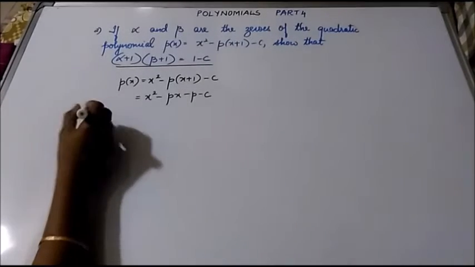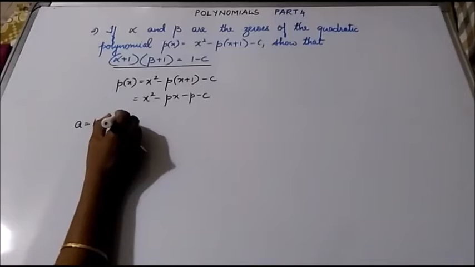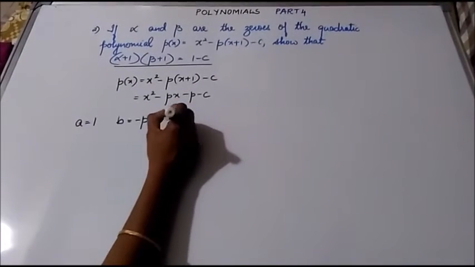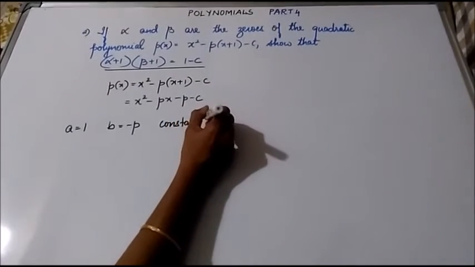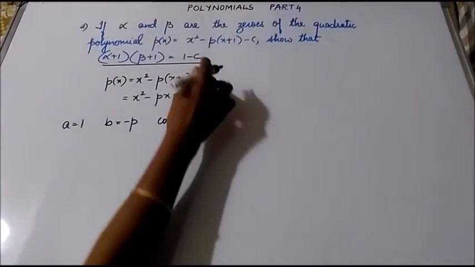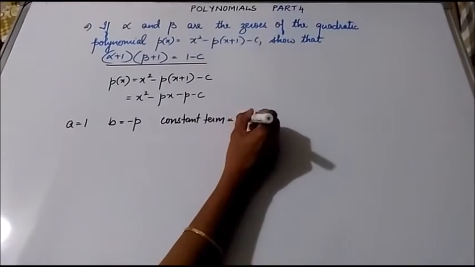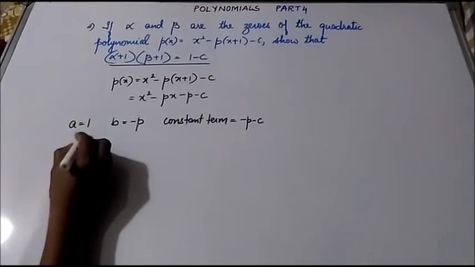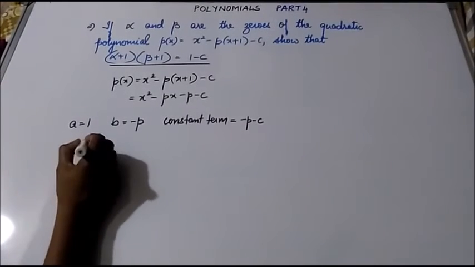Now from this what we get? A, that is the coefficient of x square, is equal to 1. B, the coefficient of x, is equal to minus p. And c, that is the constant term. I am not writing a c because c is already there in the question. Which is the constant term? Minus p minus c. Okay, now let us find what is alpha plus beta, because alpha and beta are the zeros of the quadratic polynomial.